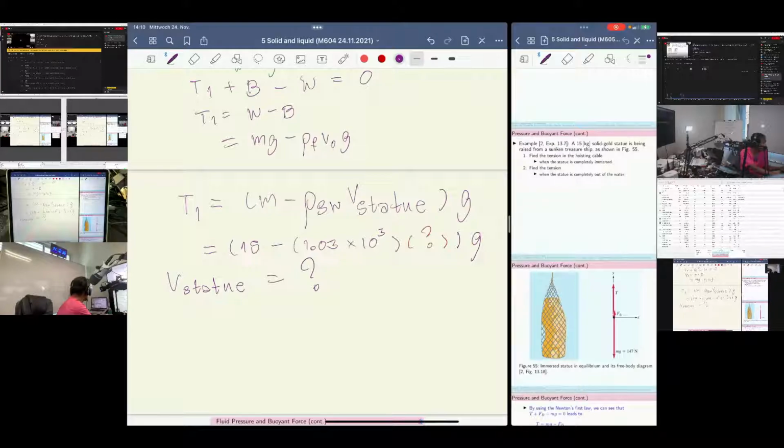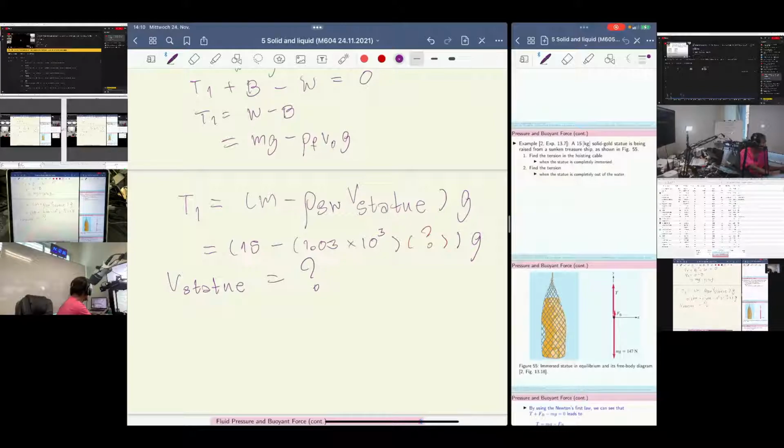T1 now can be found by M minus rho of the seawater, let's say SW for abbreviation, times the volume of the statue, which is M statue divided by the density of the gold.